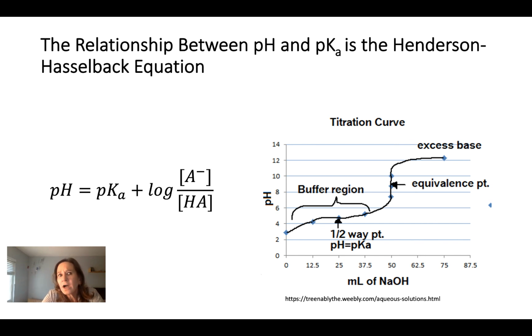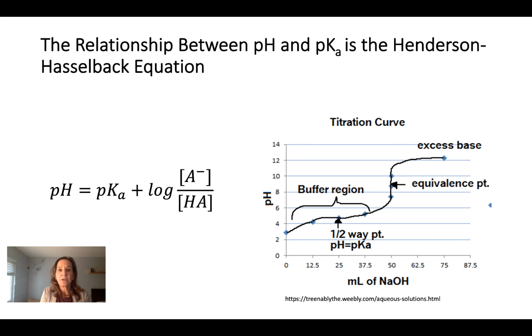What's going on here chemically is that we've maintained an equilibrium between a weak acid and its conjugate base. But you can only add so much strong base before we've used up all that weak acid. The equivalence point is where there's no more acid or no more hydrogen ions in solution to react with our sodium hydroxide, our strong base.